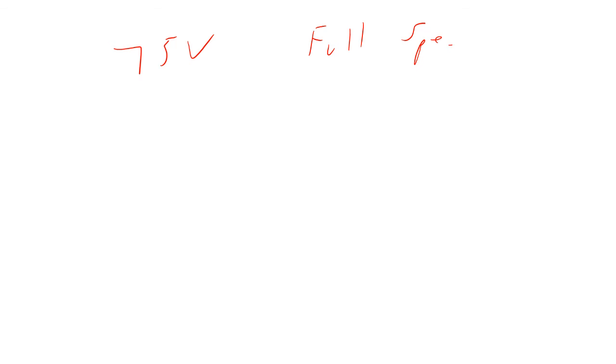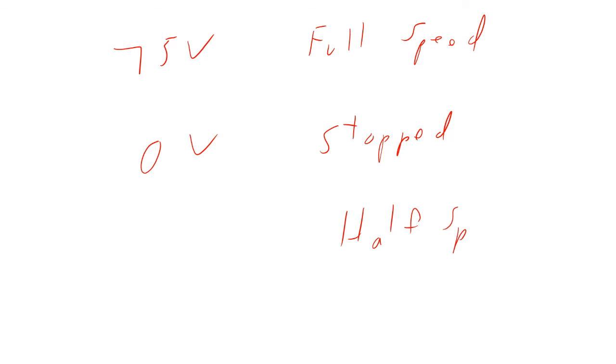The back EMF is 0 volts when it's not moving. So at half speed, what's the back EMF? Well, it's not really all that complicated. It's going to be half of the full EMF. So in other words, 37.5 volts.